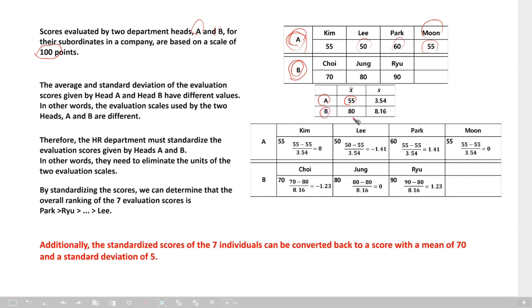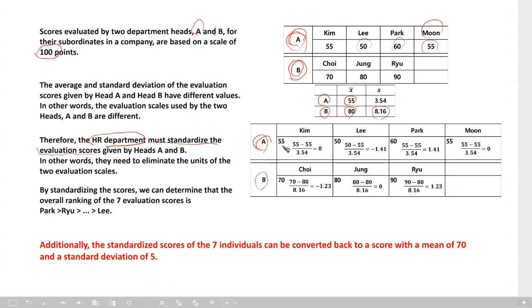Department B's mean is 80, and the standard deviation is 8.16. Different mean, different standard deviation. So separately for A and for B, the HR department must standardize the evaluation scores given by A and B, right?